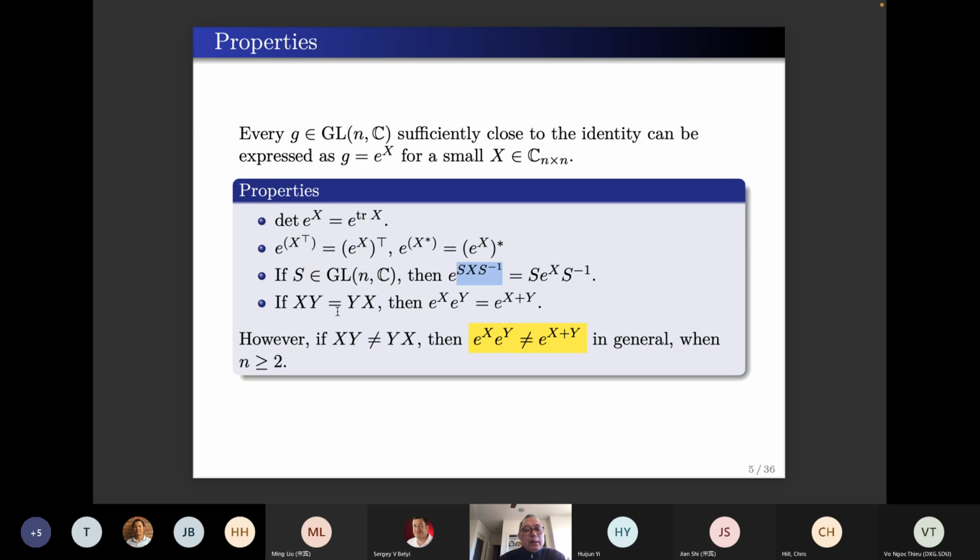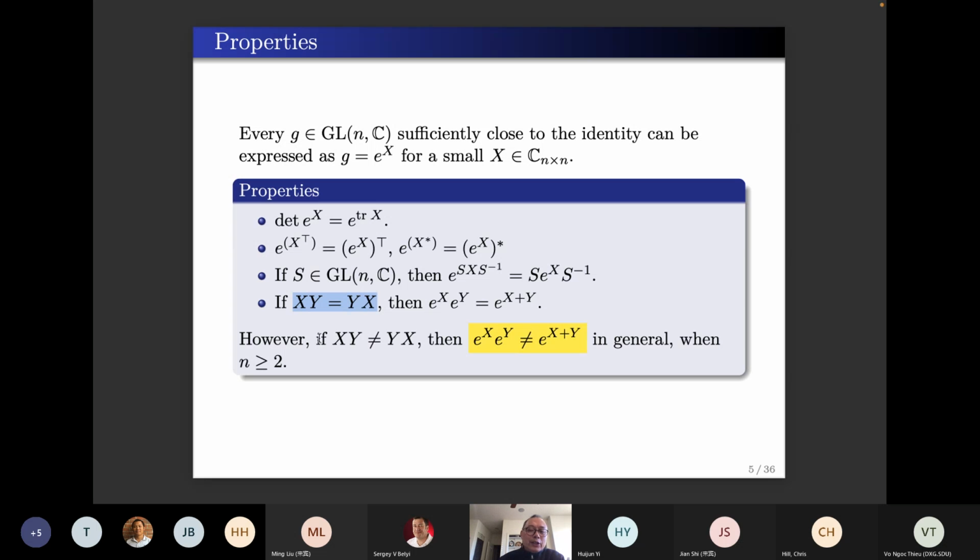Another nice property is if X and Y commute, that is XY is YX, or the Lie bracket of X and Y is 0, then the product of e^X and e^Y is exactly the exponential of X plus Y. Is this true even if X and Y do not commute?